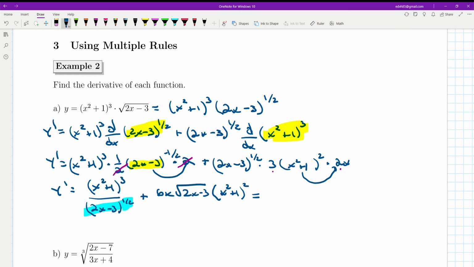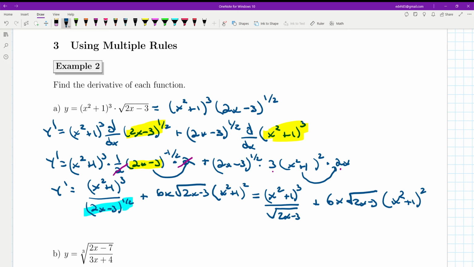Okay, so that's going to be x squared plus 1 quantity cubed over the square root of 2x minus 3, plus 6x times the square root of 2x minus 3 times x squared plus 1 quantity squared.